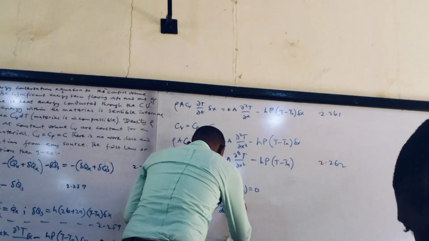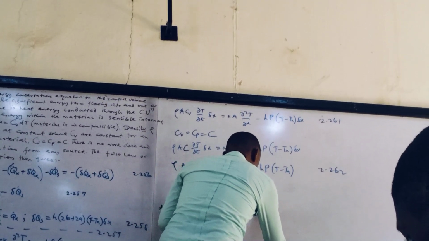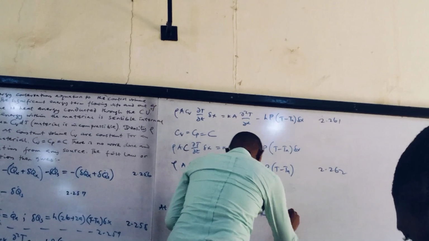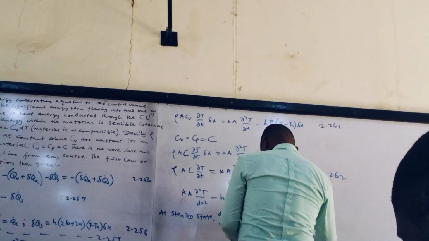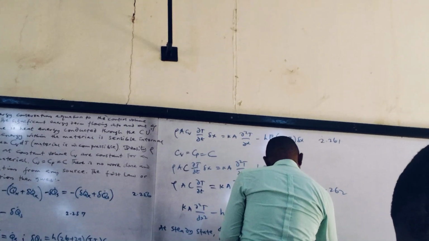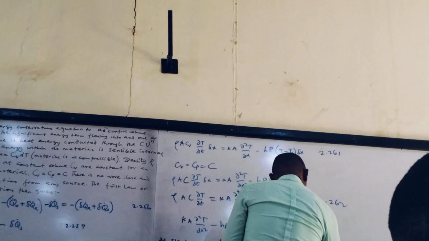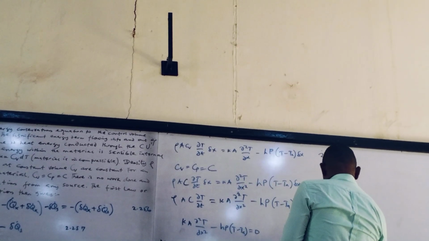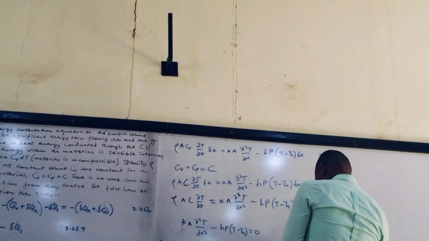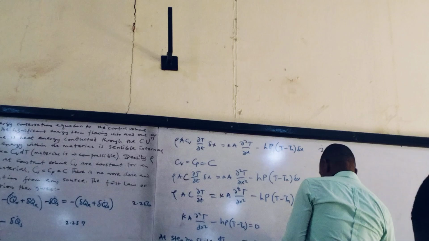It is equal to 0. T is thus a function of x only, so that the partial d squared T over dx squared is equal to the full d squared T over dx squared.